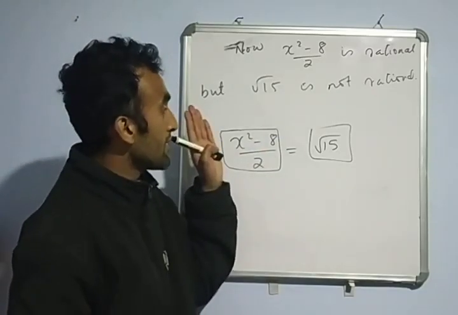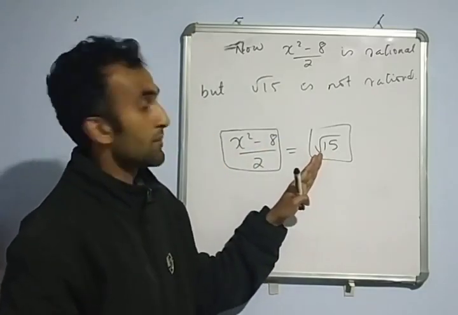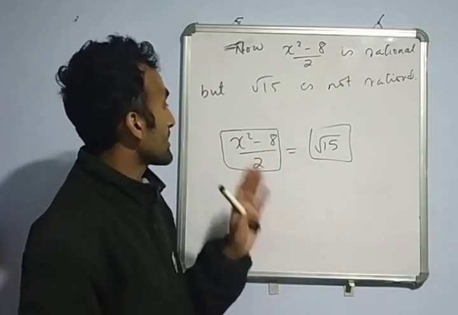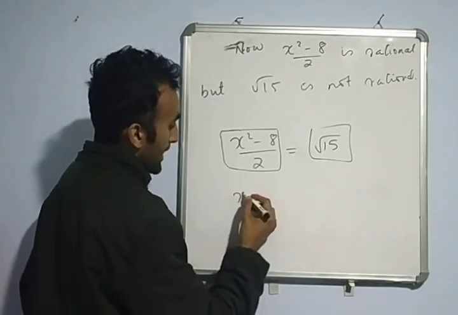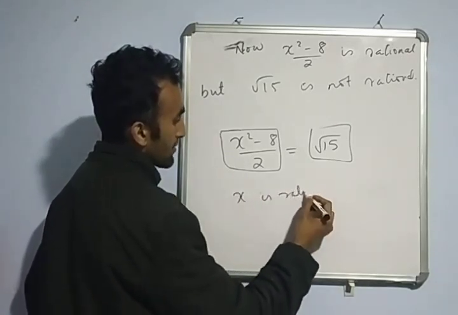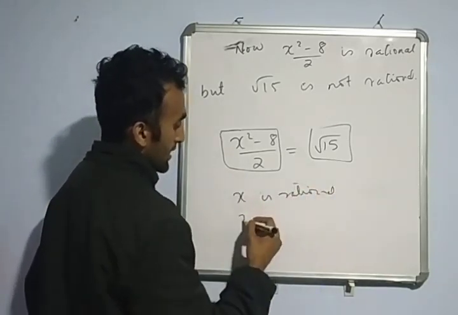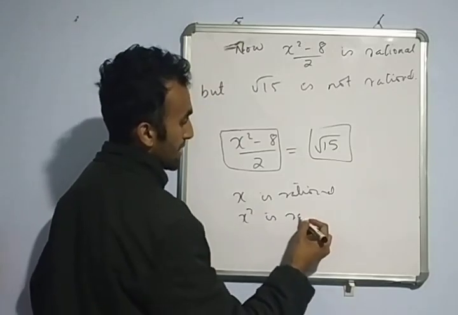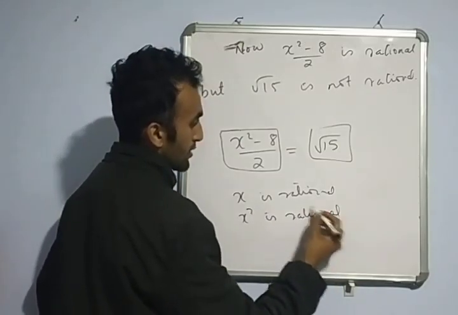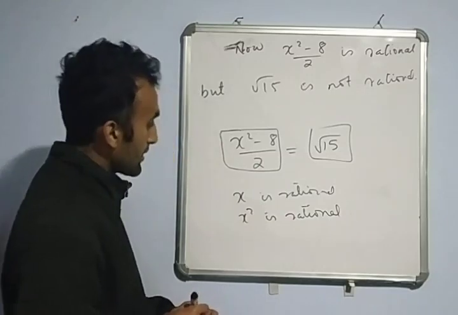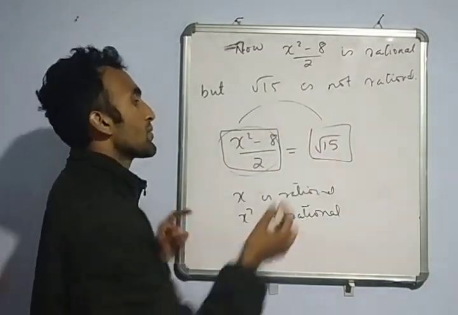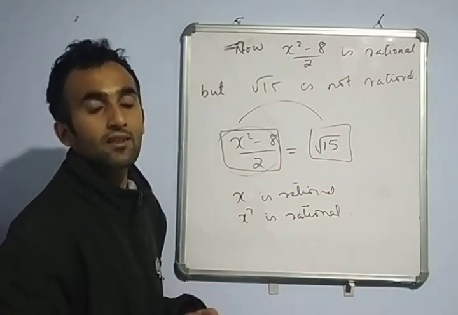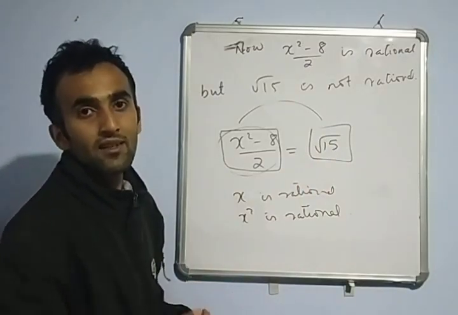Whatever I assumed is not giving our answer. By assumption, if x is rational and x square is also rational, then when I put it here this is rational, this also we should get rational, but we are not getting it. So that means it contradicts.